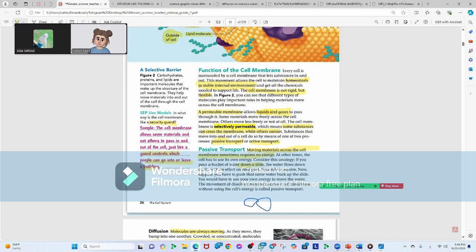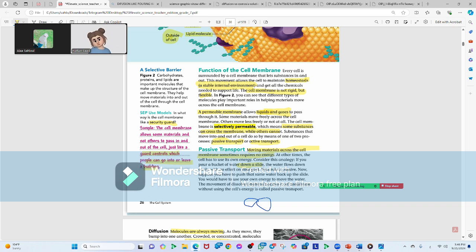The cell membrane is a permeable membrane. What is permeable? It is a membrane that allows liquids and gas to pass through it. Some materials move freely and others less freely.